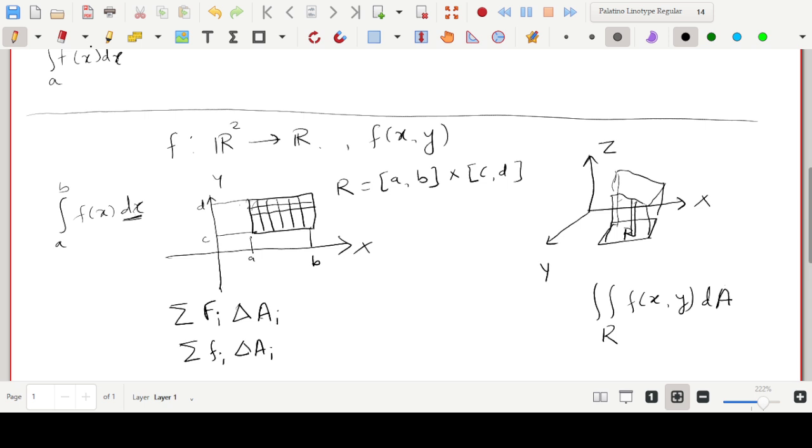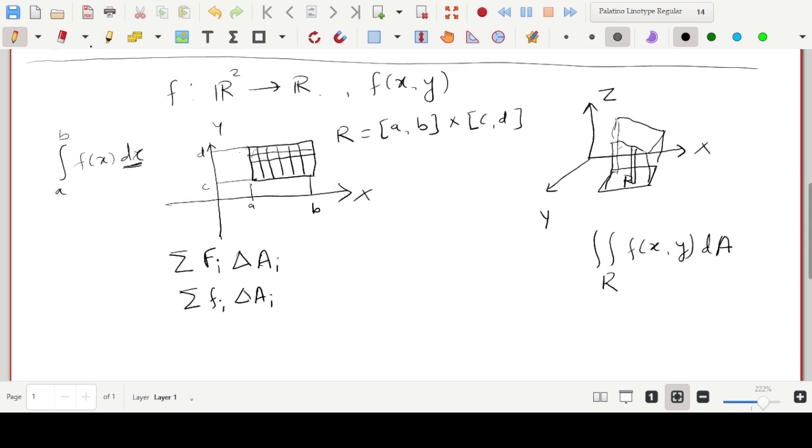Now again, as in the case of one variable, we go on making this mesh finer and finer. We go on making these rectangles as small as possible, their length as well as width. So delta AI approaches 0, and we check what this sum approaches and also what this sum approaches.